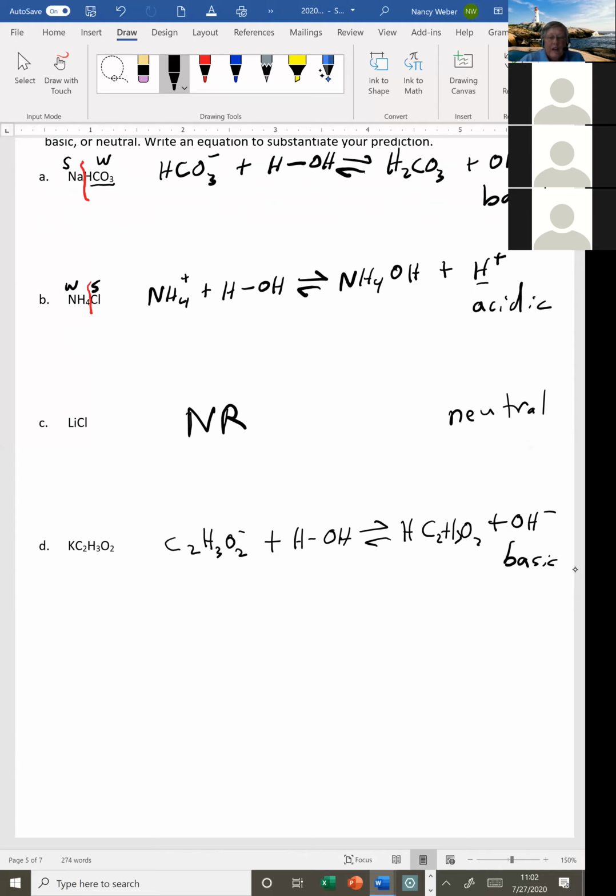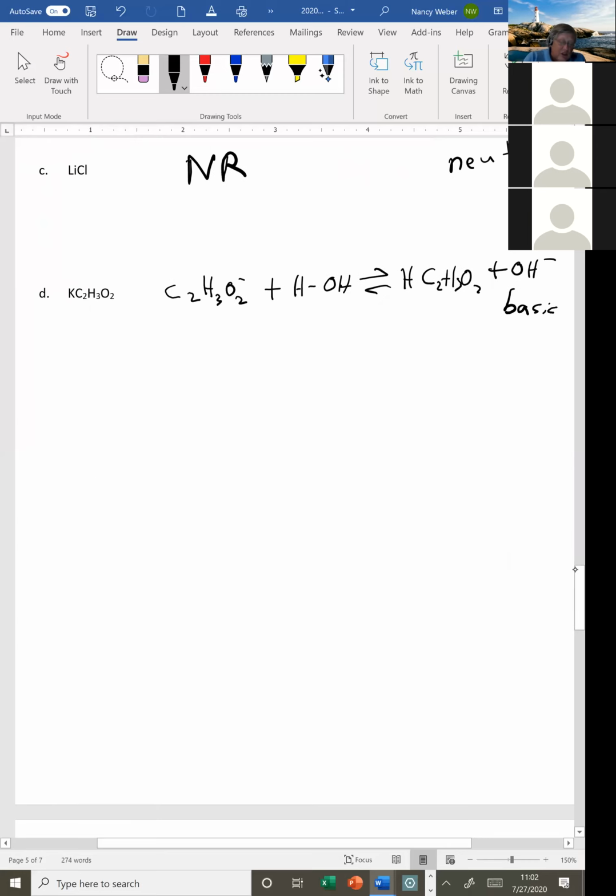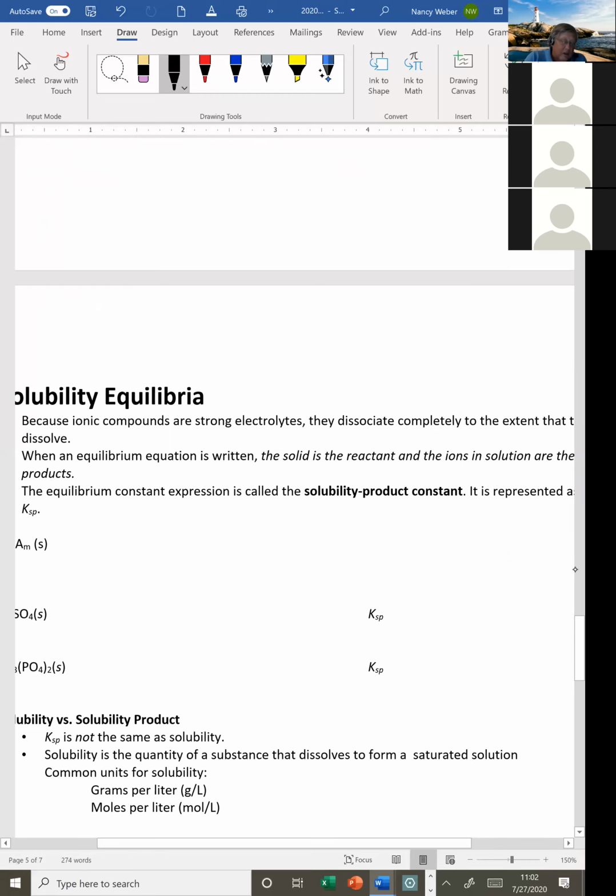So you only have to worry about identifying buffers and finding the pH of a buffer or whichever part's missing from the Henderson-Hasselbalch equation. But I will not do the titration portion. Okay, so I'd like to just start the solubility equilibrium.